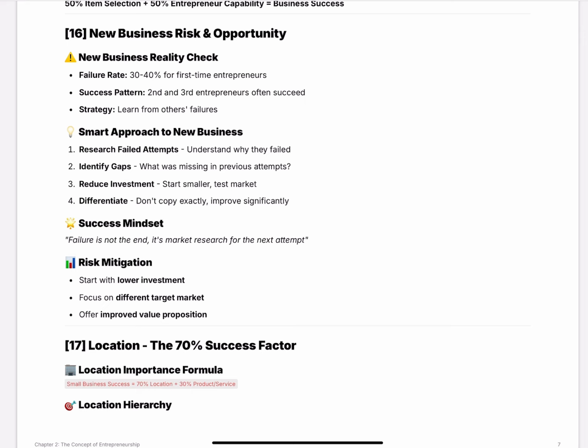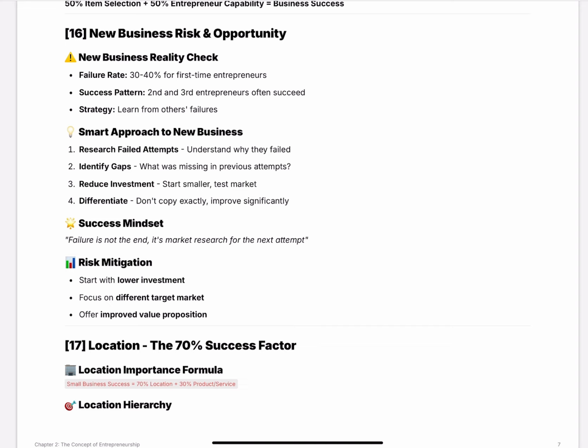So this leads to a smart approach for new business entry. First, research failed attempts in your industry. Understand why they failed. Was it poor location, insufficient capital, wrong pricing, bad timing, inadequate marketing? Second, identify what gaps existed in previous attempts.